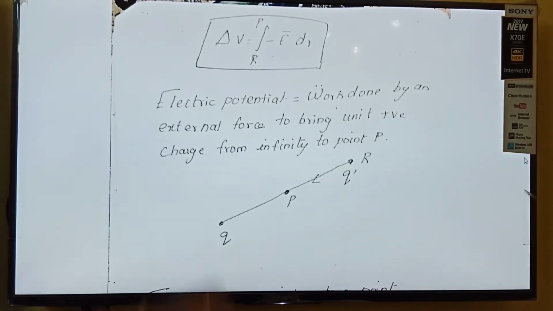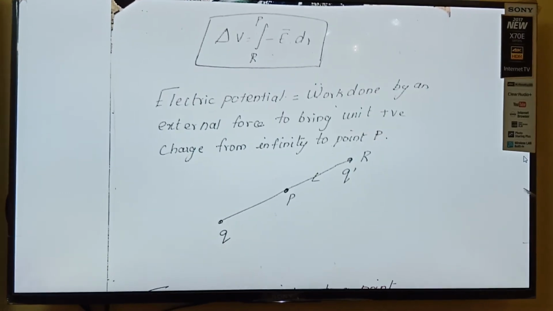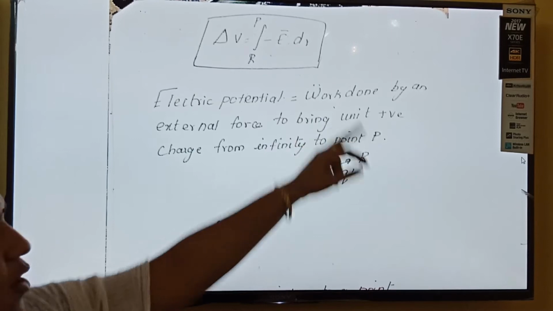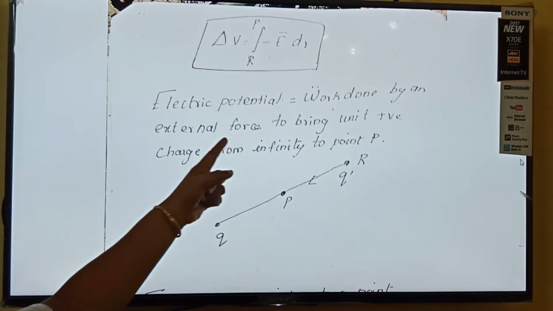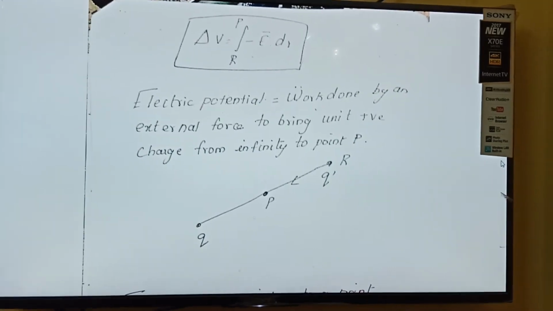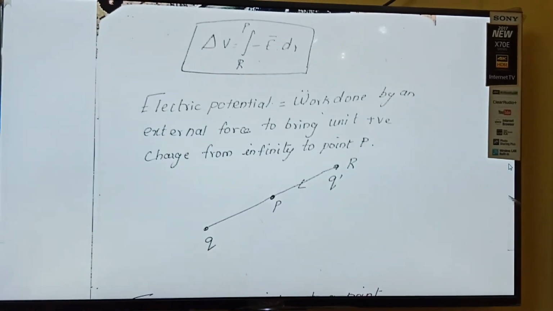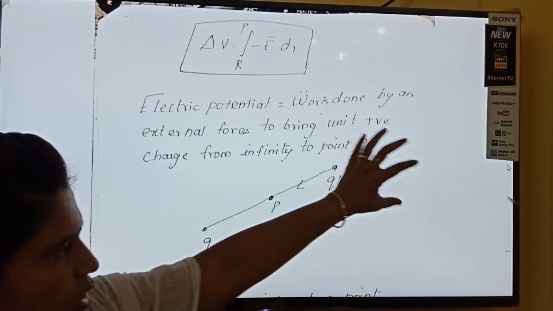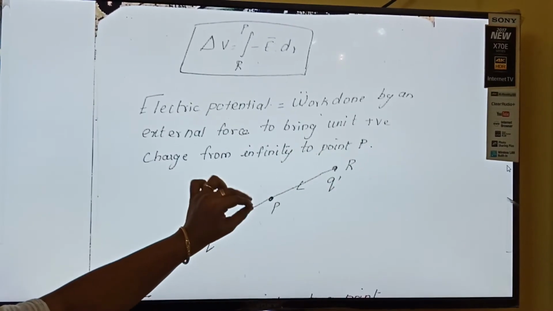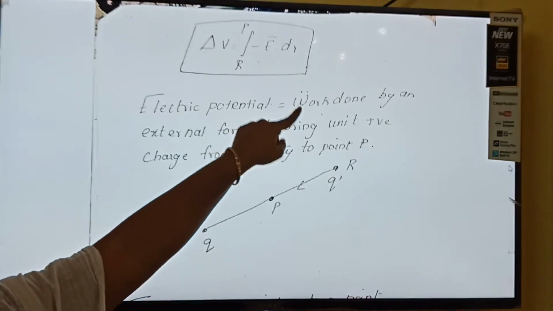Next is the definition of electric potential. What does electric potential mean? It is equal to the work done by an external force to bring a unit positive charge from infinity to a point. So from infinity or wherever it is, we bring a charge to the point P. For that, how much work is done?